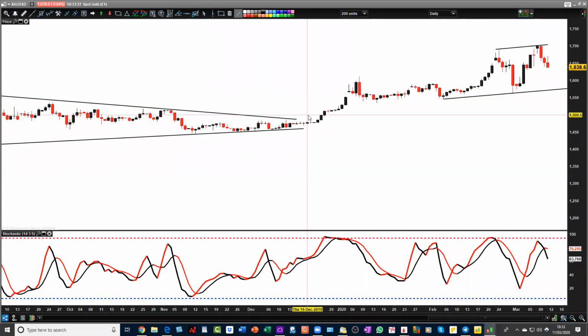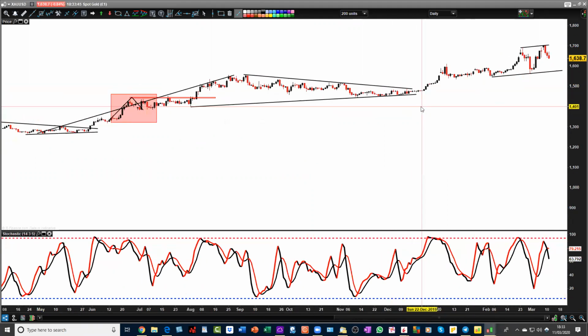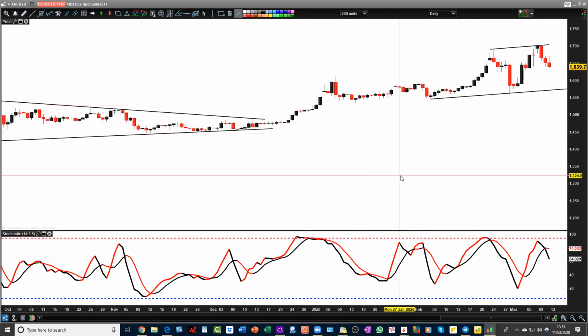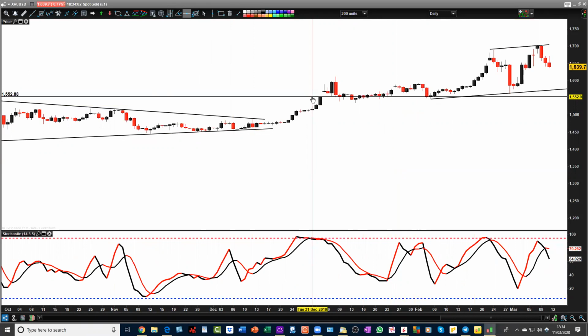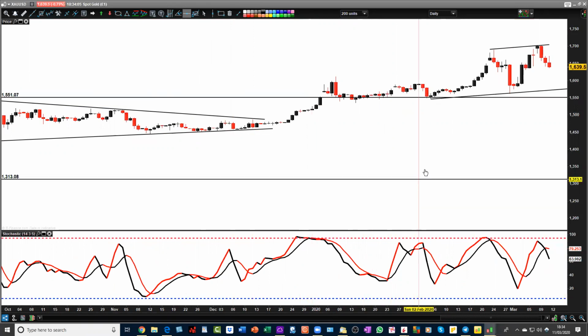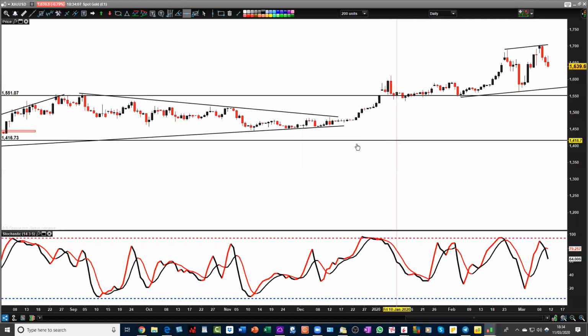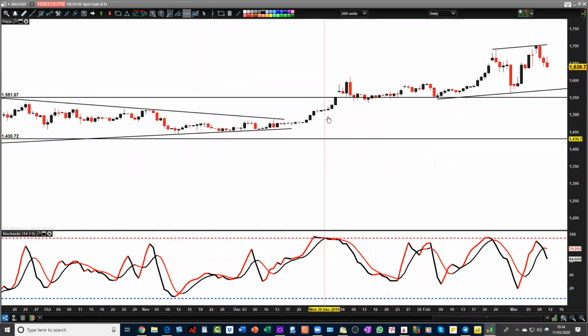If we come down to that 1575 and hold, I would be a buyer. But at the moment that looks as if that is way too top heavy. The main support for this is 1550, the key pivotal support down there, so we could come all the way back down there.